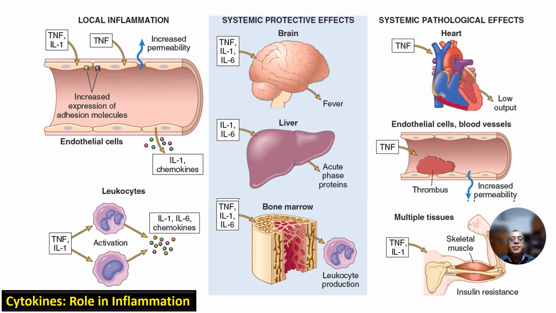This picture is describing many local and systemic effects of these cytokines. Some are protective and some are pathologic. The local effects of these cytokines on blood vessels: interleukin 1 and TNF increase the expression of adhesion molecules on the endothelial cell, and TNF is responsible for increased permeability of the vessel wall.